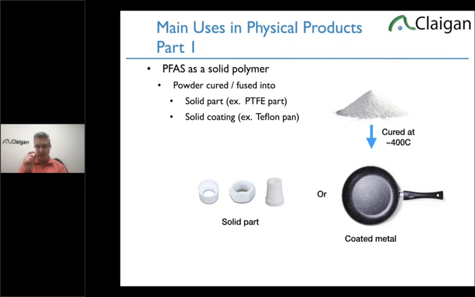It's used as a surfactant to get the oil and water to mix in the PTFE manufacturing, and its concentration controls the size of the PTFE powder particle, which is very important when you're applying it. So you're putting it in a mold and fusing it at 400 degrees C into a solid PTFE part like the bottom left, or you're putting a powder on a metal and bringing it to 400 degrees C and fusing it as a coating on top of the metal. And so that's its main application as a physical product or on metals.